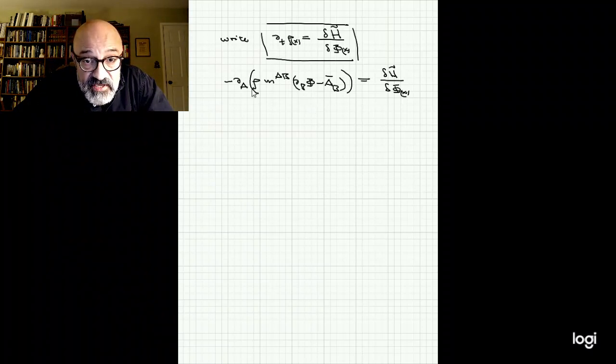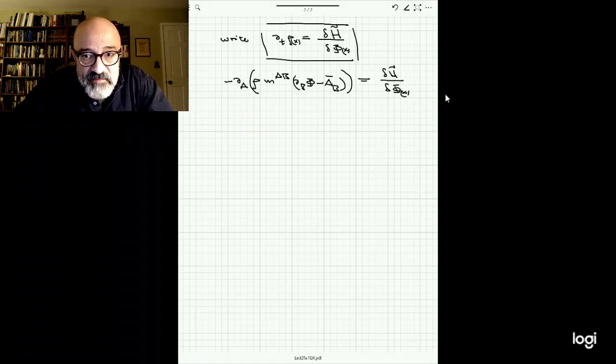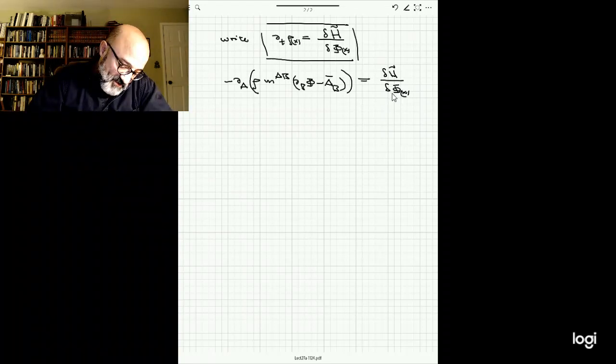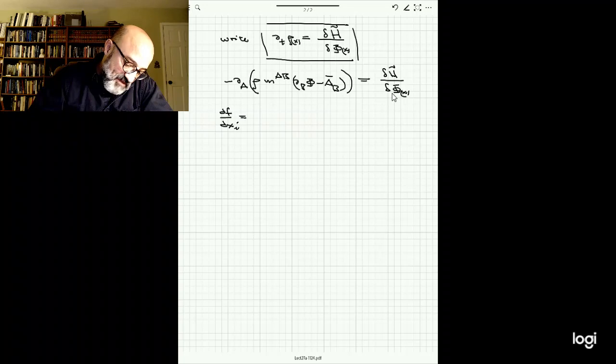If you see here these derivatives, ∂_a, ∂_b, these are derivatives with respect to x, while this is a functional derivative with respect to phi. So this equation is very much analogous to something like ∂F/∂x_i is equal to a matrix, call it M_ij, times x_j, something like that.